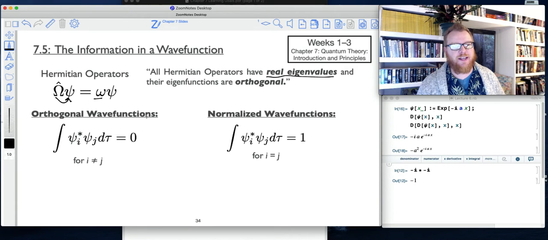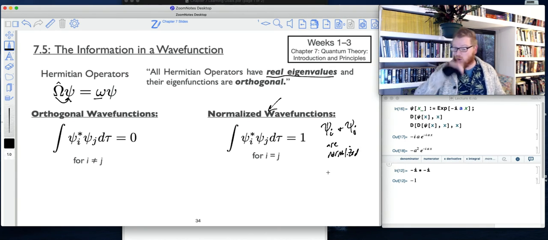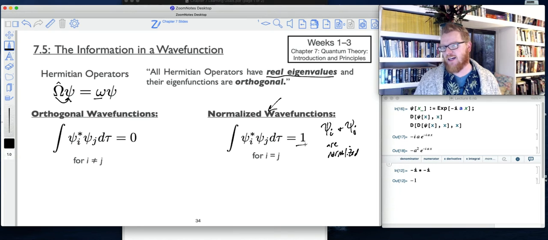The last thing I'll describe briefly is orthogonal wave functions, and more on this notion of having different states, okay? We've already talked about normalized wave functions. If we set up the normalization condition, assuming that psi i and psi j are already normalized, and we're talking about one state, i equal to j, then when I take the square modulus and integrate, I get that it equals 1.